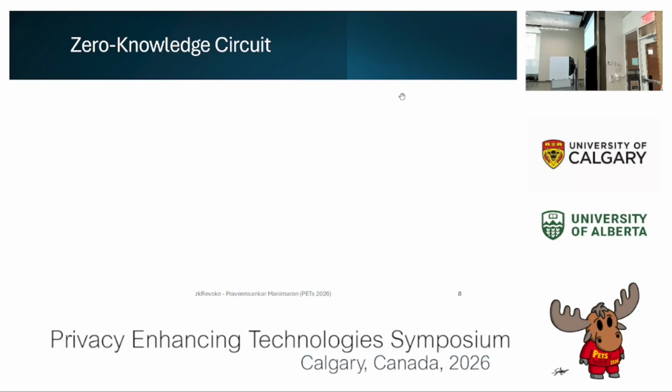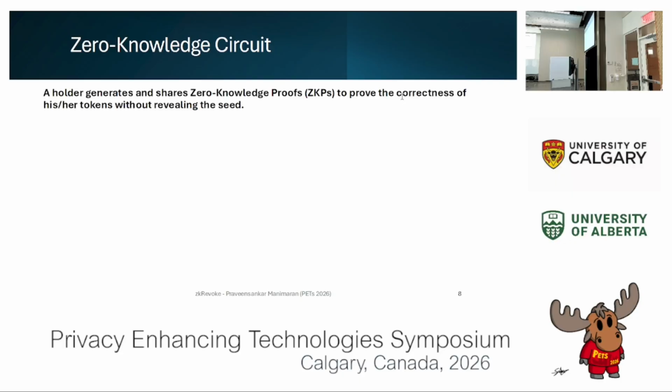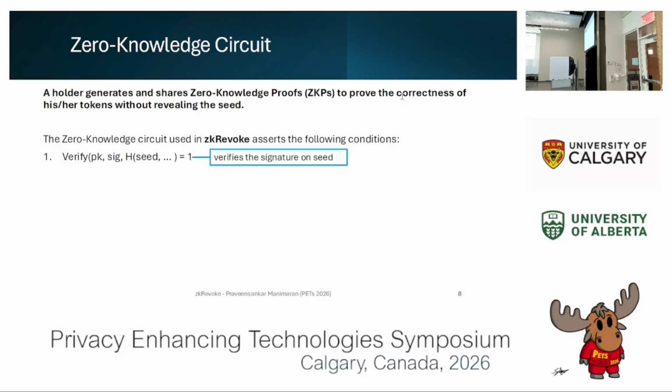Essentially, a holder generates a zero knowledge proof to prove the correctness and ownership of tokens without revealing the seed. That proof acts as a proof for the correctness of the token. We design the zero knowledge circuit consisting of the following conditions. The circuit verifies that there is a signature on the seed and the tokens are computed correctly.